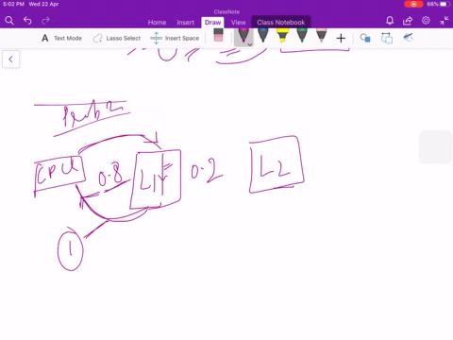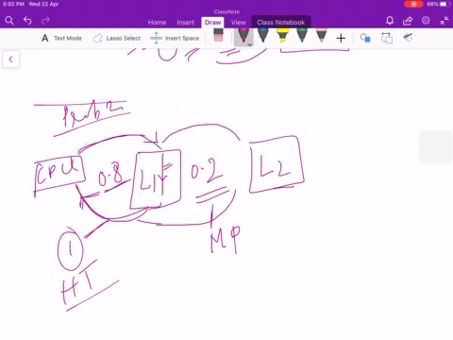So 20% of the time you come here and then go to the next level, right? So whatever is the miss penalty for the next level will apply for 0.2, so 20% of the time. This hit time will be incurred for 80% of the time, and this miss penalty for the first level will be for 20% of the time.